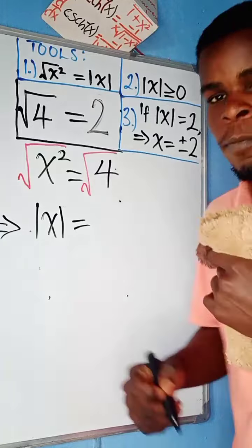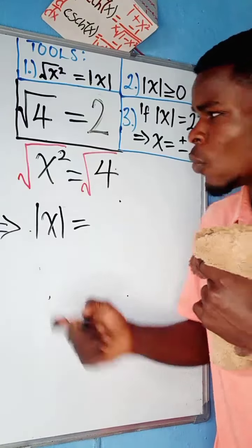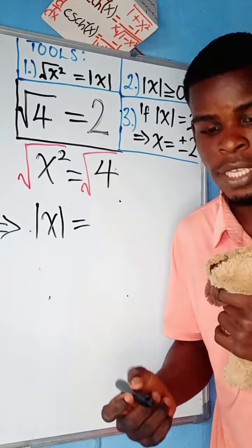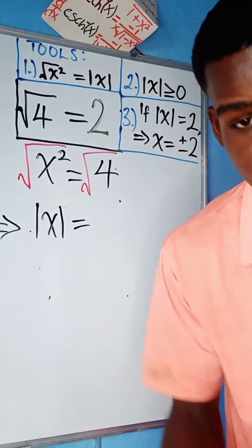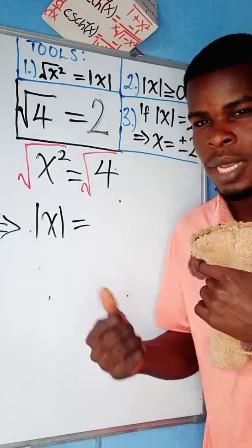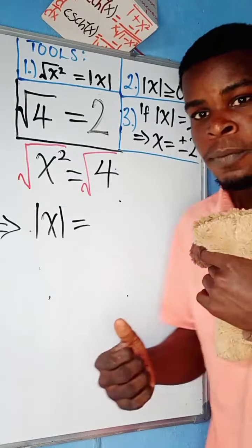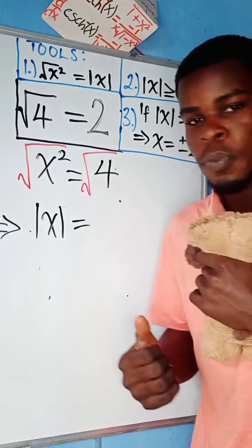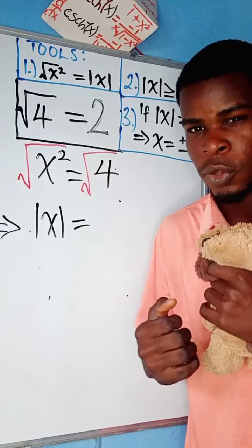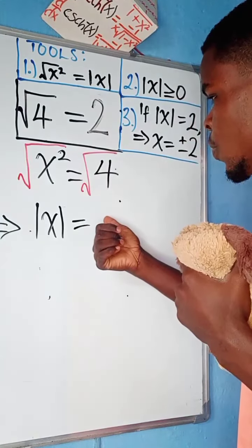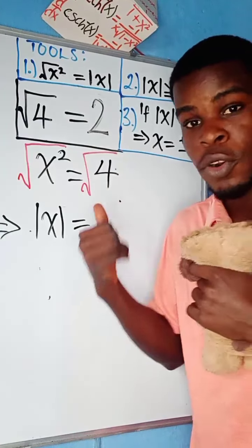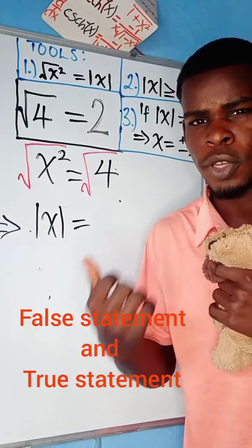Assuming we don't know that the answer here is 2 already, or you still don't believe it, let's do a proof. Though I'm not writing the word proof down, I don't want to consume a lot of space. I'm going to do a proof by what we call the contradiction method. By that I mean I'm going to write a wrong statement and assume it to be correct.